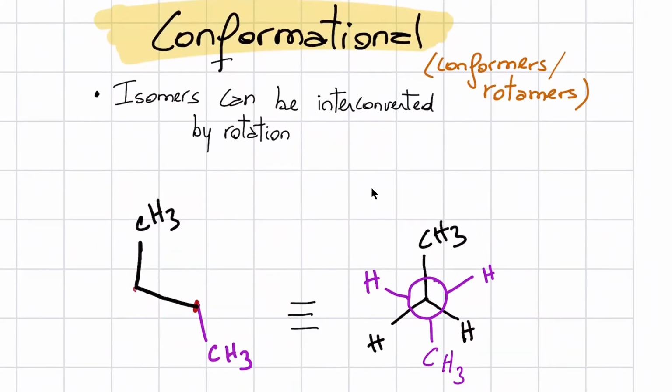I cleaned this up a little so that you can follow what I'm about to tell you, but if you're already familiar with the Newman projection, I believe you know where I'm going with this. But first, let me show a quick demonstration where I build this molecule and you will see what I mean by we can interconvert between structures by rotation.